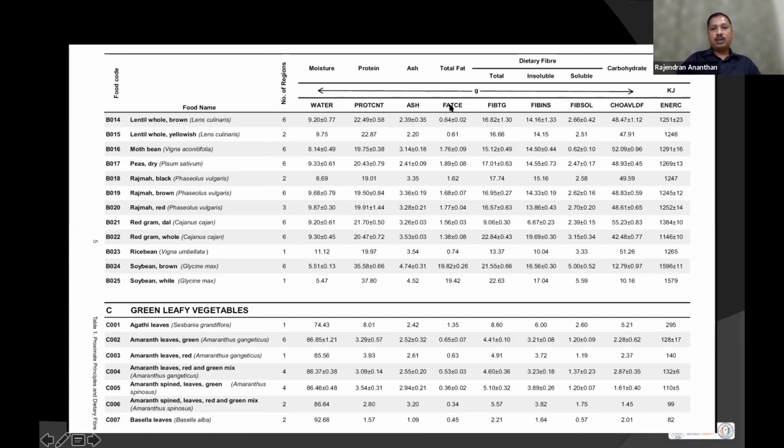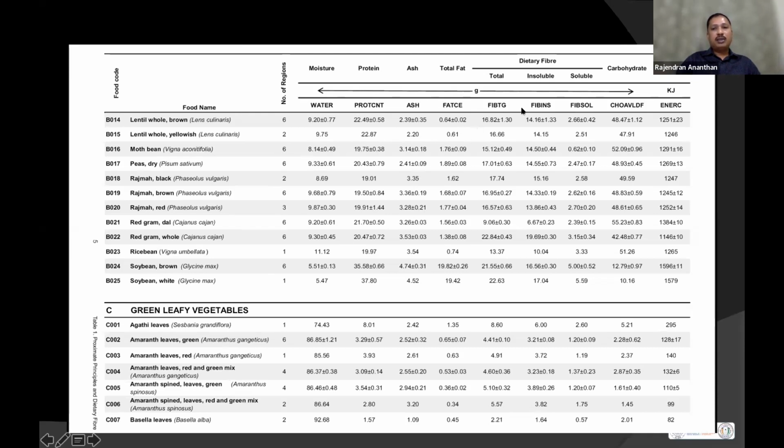So it's total fat, by continuous extraction. There are three different fat analysis procedures, like continuous extraction, mixed solvent extraction, and supercritical fluid carbon dioxide extraction. We have adopted continuous extraction for the total fat.